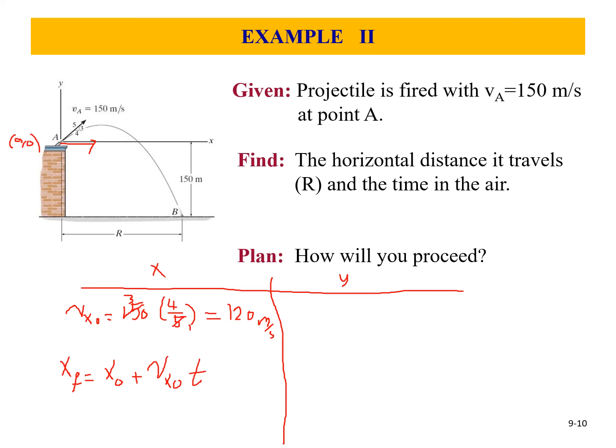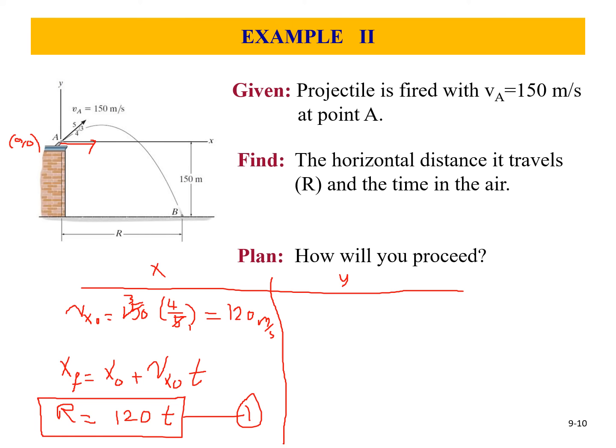That's the equation of motion. Now, x final is r. That's our x final. X initial is 0, because that's the 0 point. Now, vx0 is 120 multiplied by t. So that's my first equation of motion.